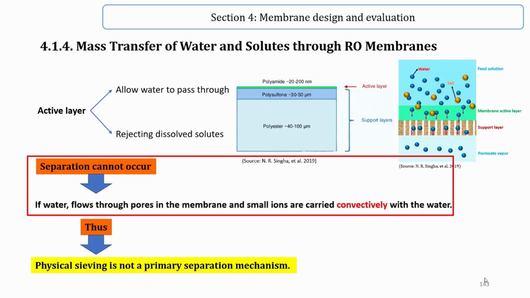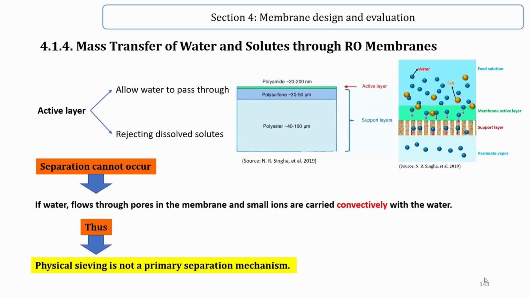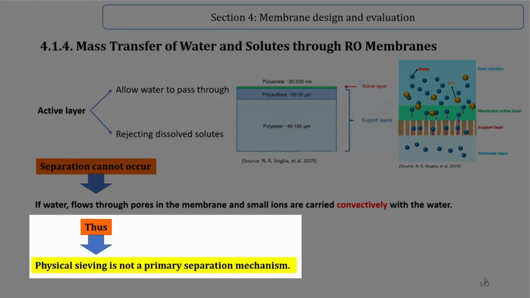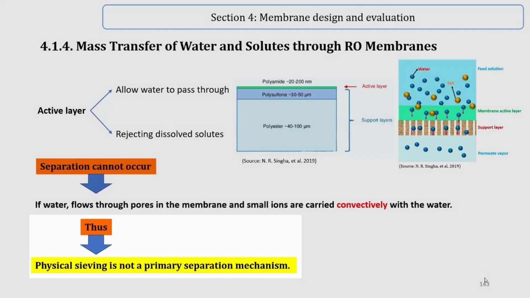Separation cannot occur if water flows through pores in the membrane and small ions are carried convectively with the water. Thus, physical sieving is not a primary separation mechanism. The physicochemical processes that control separation in reverse osmosis are rooted in the principles of mass transfer.